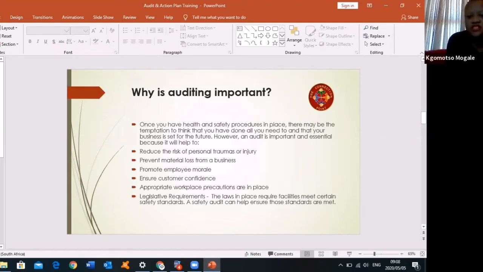The law requires facilities to meet certain safety standards, and a safety audit can help to ensure those standards are met. So basically we can see here why auditing is important.